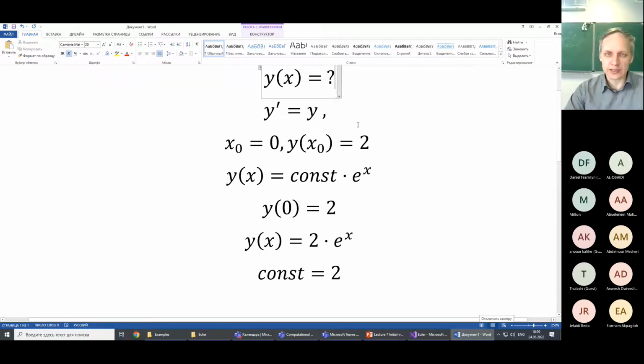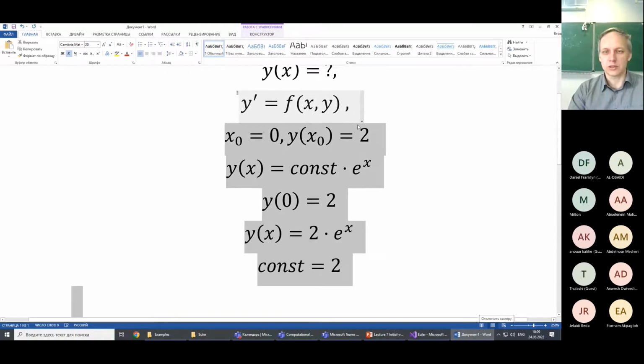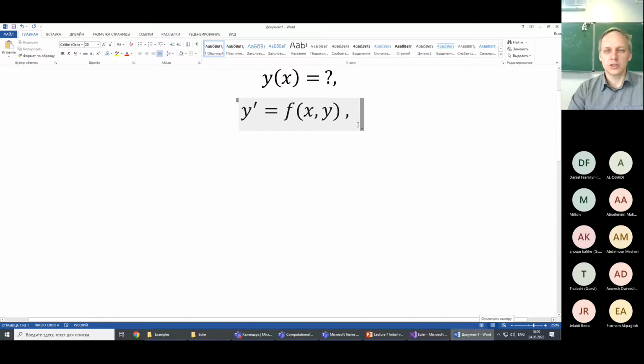And in the general problem statement, the right-hand side is some function that depends on x and y.